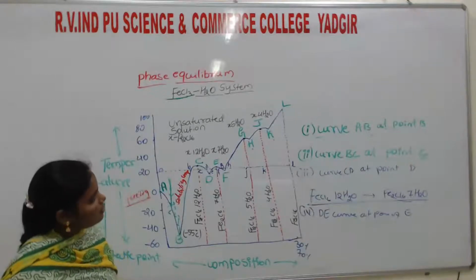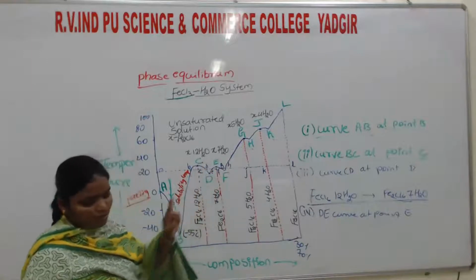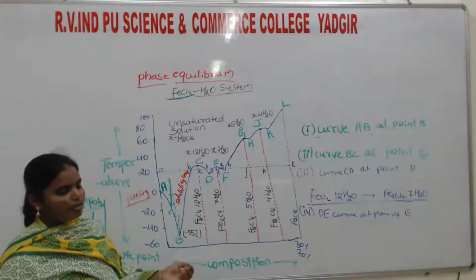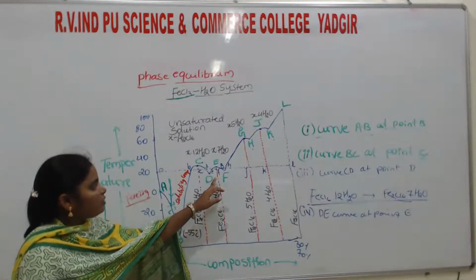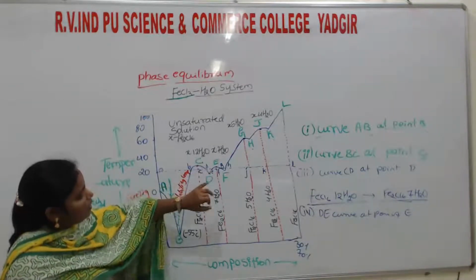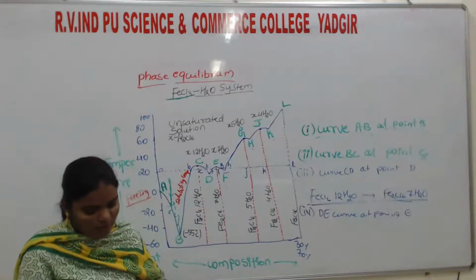Here this is in equilibrium. E is the congruent melting point, the formation here being Fe2Cl6·H2O, and this is univariant in nature.